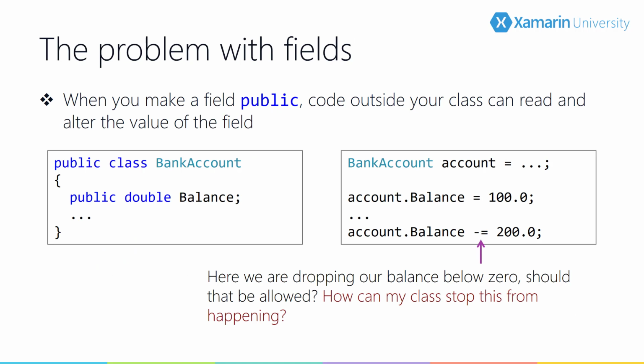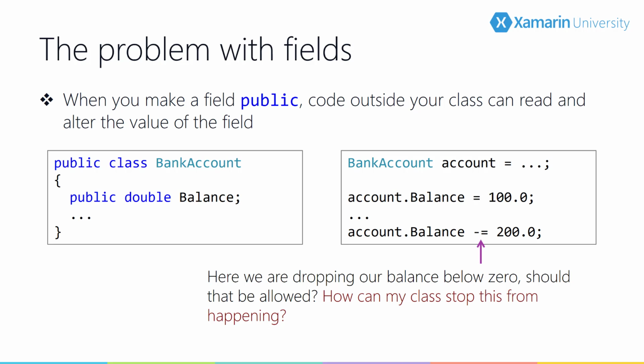Now, there's a problem with fields that we haven't seen yet, and let me try to explain it. Here's the idea. On the left-hand side, we have a class called BankAccount, and let's imagine that we have a rule for all bank accounts, and the rule is that bank accounts can never become less than 0. They can never go negative.